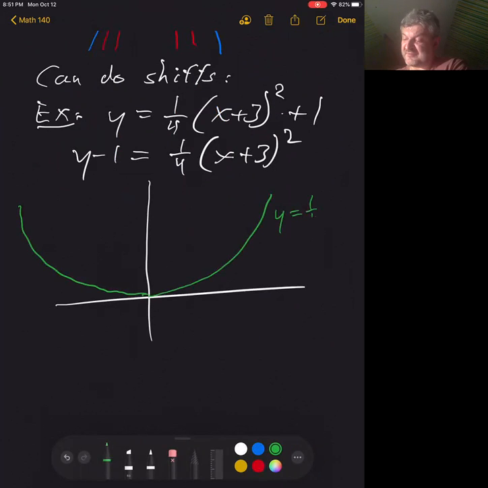There, if x is 1 or negative 1, then y is 1. So let me sketch that. Those would have to be my units on the x and y axis, not the same units.